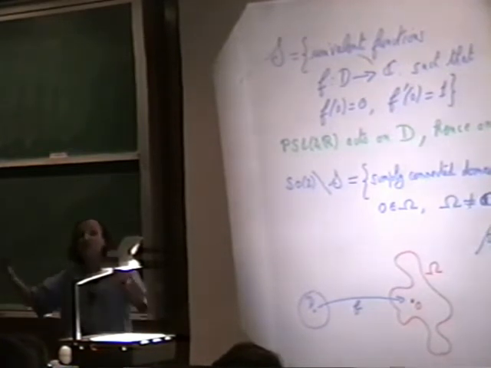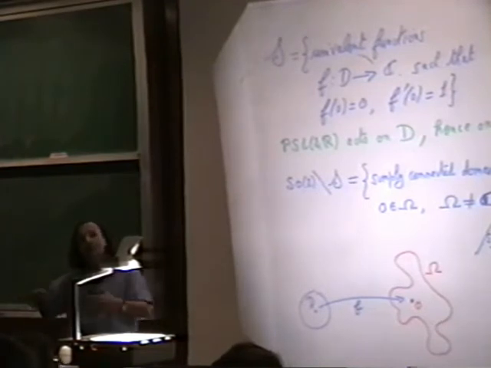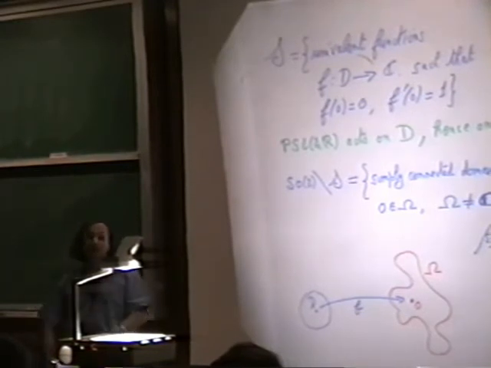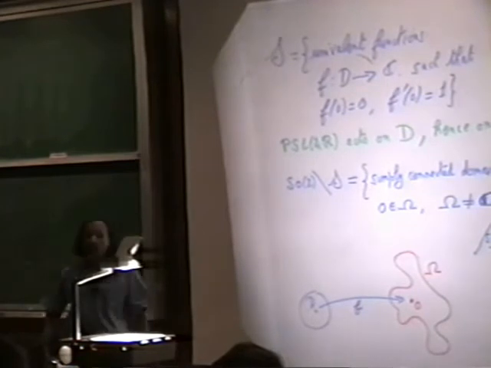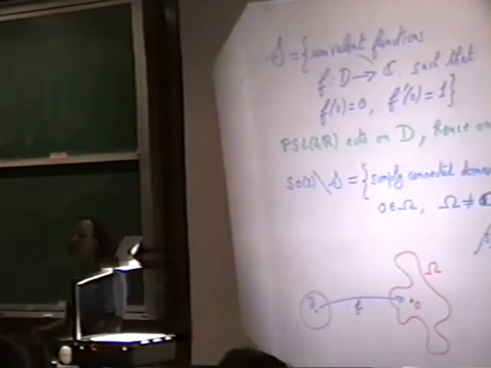But then you post-compose it by some affine map to come back home, to make it send 0 to 0 with derivative one. So this gives a very nice and natural action of PSL2R on the space S.